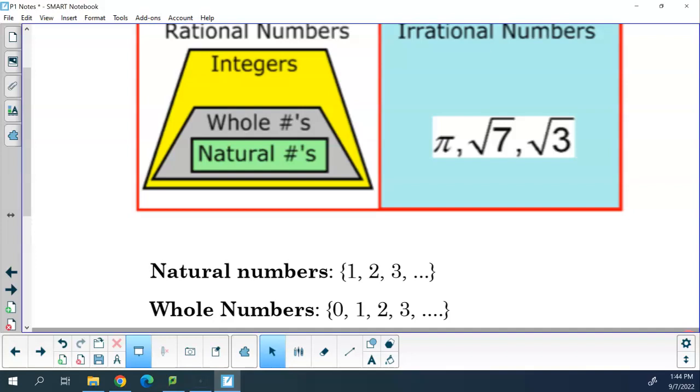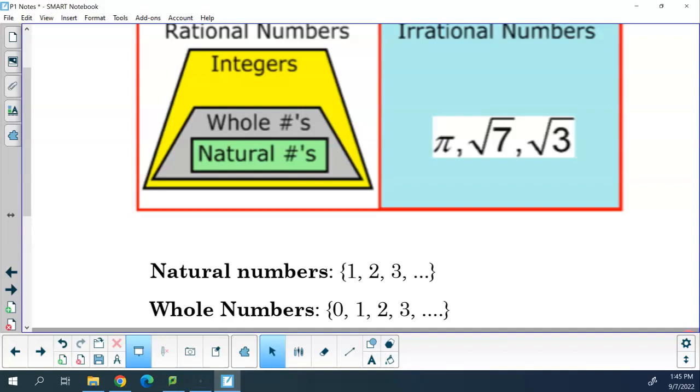Now let's talk about those sets. How many natural numbers are there in the set of natural numbers? 10? 15? 100? Infinite, right? How many whole numbers are there? 10? 15,000? Infinite also.